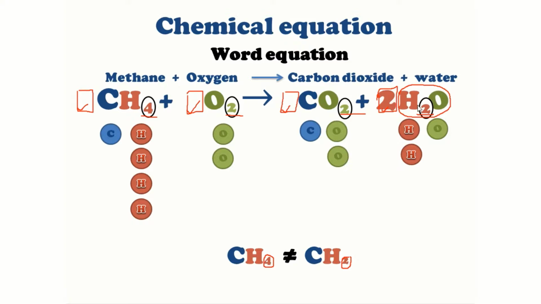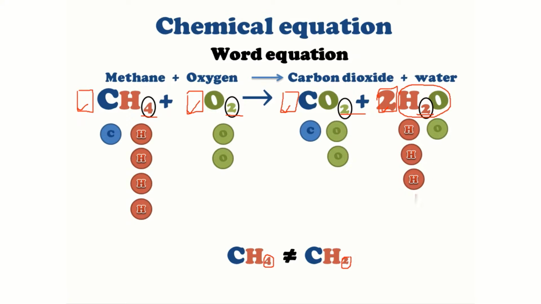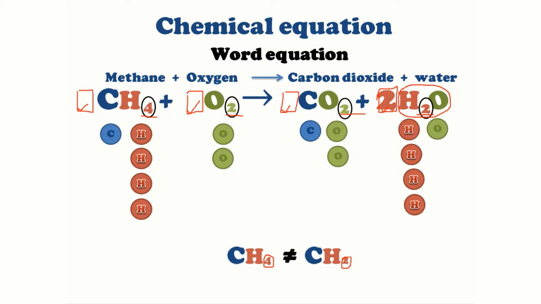Multiplying this water molecule by 2 simply means that we will now have 4 hydrogen, because these 2 will multiply the hydrogen. These 2 will also multiply this oxygen, and we will now have 2 oxygen, as I indicated here.